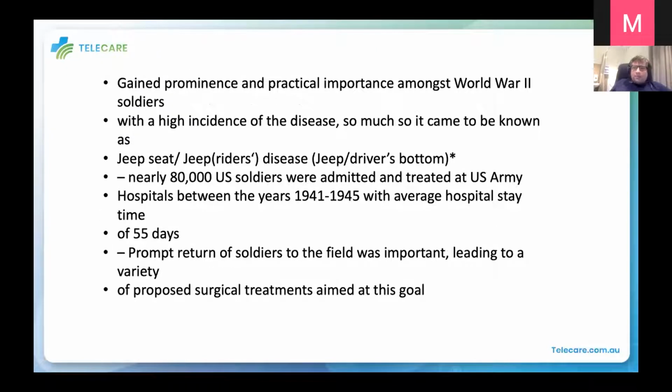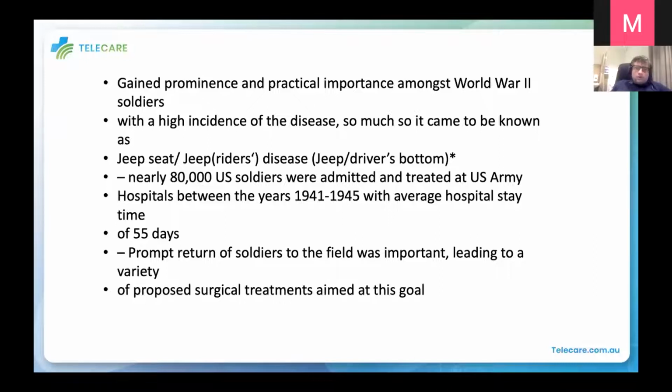It became a fairly important condition in the Second World War, because there was a high incidence of the condition among individuals serving in the military. In North America, it became known as the Jeep Rider's Bottom or Jeep Rider's disease, because military personnel who spent extended periods of time riding in military vehicles with fairly rigid suspension and out in the heat and exposure, a lot of them got this condition.